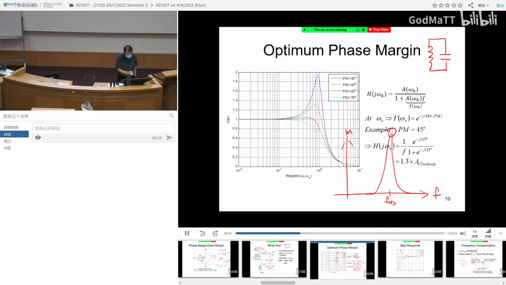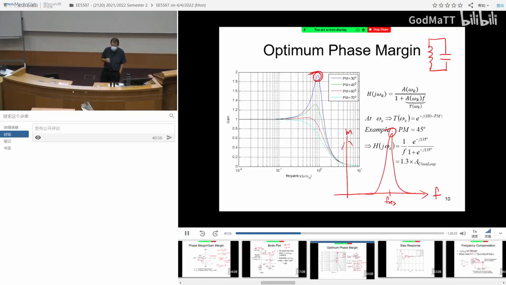So in fact, you want to avoid this kind of peaking because this peaking means that the system is prone to oscillation. It's actually very similar to the LC resonator network. You have this kind of high Q system. In fact, this is related to high Q system. The higher the Q, the larger the peaking.